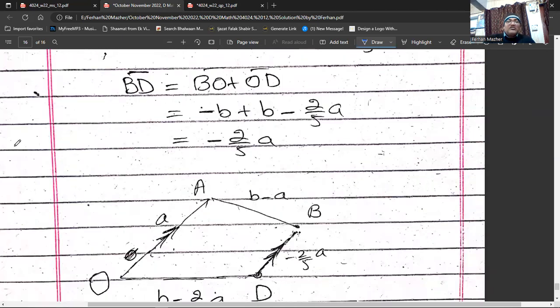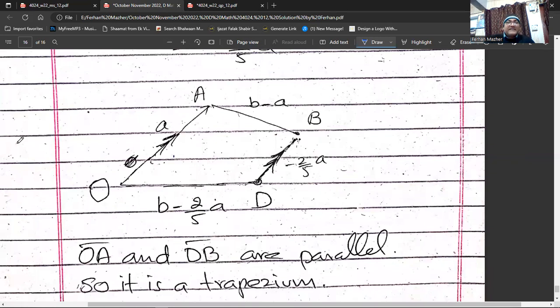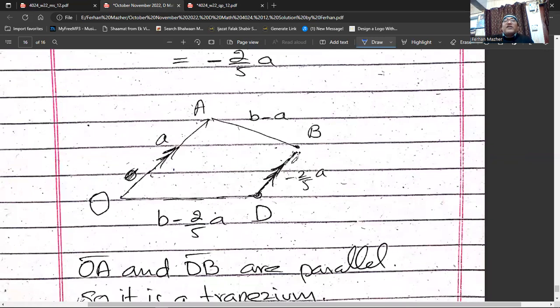Okay. So now I know the BD value. If I go from D to B, the B to D is minus 2 by 5 of A, so if you go from D to B, it will be positive. Okay. So OA is A, DB is 2 by 5 of A. So their vector is the same.